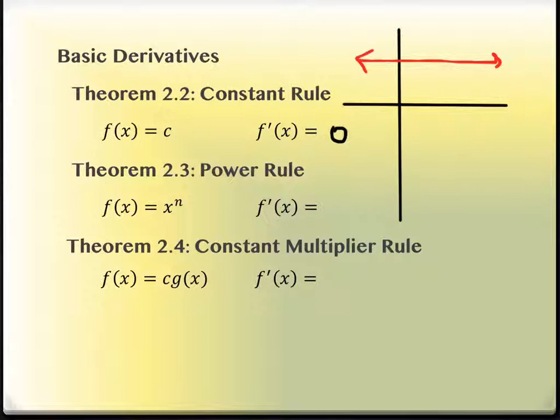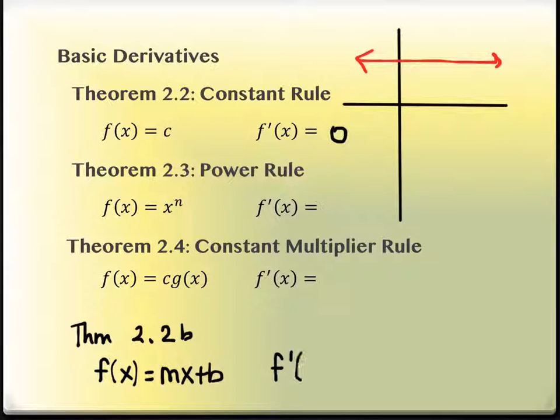Your book doesn't do a sort of intermediate theorem between 2.2 and 2.3, but I'm going to just write it here at the bottom. We'll call it theorem 2.2b. I don't know that I like that title, but we'll go with it. So let's say that we had a line, f of x equals our favorite mx plus b, the slope line equation.